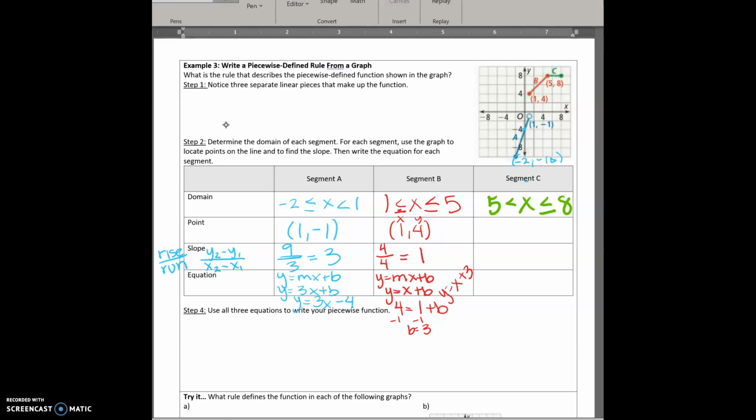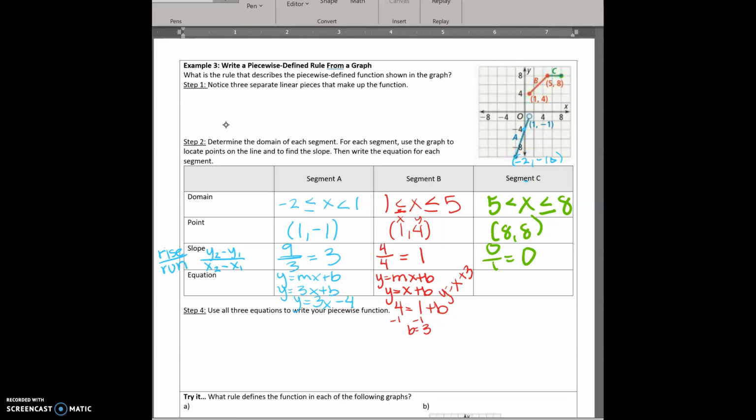We can pick a point if we would like. So let's just say the last one, which is 8, 8. So again, I picked that point right there. Rise over run. Well, it doesn't go up at all, but it does run 1, so 0 over 1. So our slope is 0.